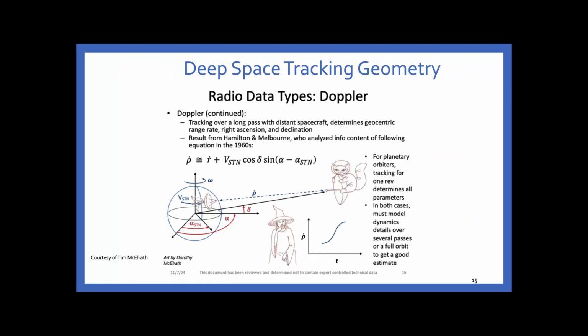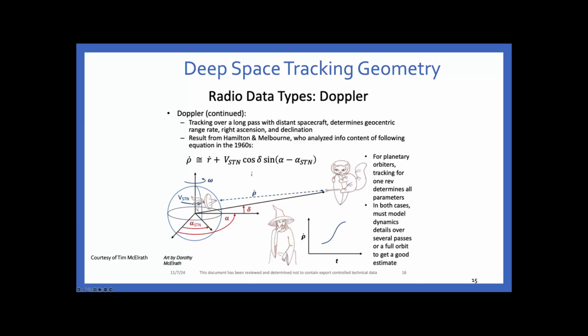let's kind of blow this wide open. And here is a spacecraft, and here is the Earth. Here's a station. The Earth is rotating, and the measurement from the spacecraft, rho dot, the range rate, is a function of the range rate of the spacecraft and the velocity of the station times the cosine of the declination of the spacecraft, and also where it is relative to the station longitude and right ascension.